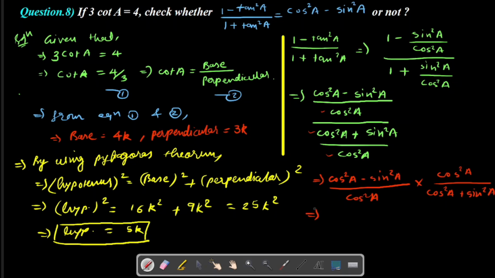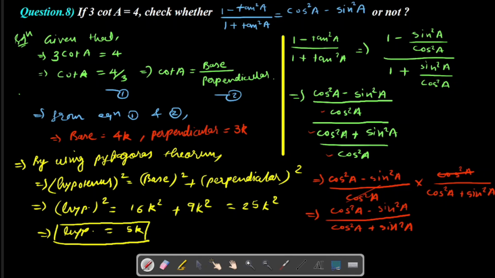That's easy. Now we just cancel out this cos square A with this cos square A. We get cos square A minus sin square A upon cos square A plus sin square A, right?